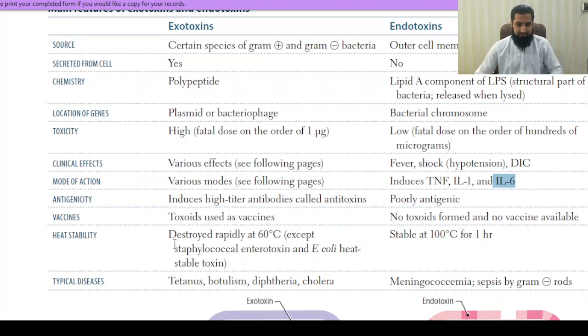Heat stability: exotoxins are destroyed rapidly at 60 degrees centigrade, except Staphylococcus enterotoxin and E. coli heat stable toxin, while endotoxins are stable up to 100 degrees centigrade for 1 hour. Typical diseases caused by exotoxins are tetanus, botulinum, diphtheria, and cholera. In the case of endotoxin, meningitis and sepsis by gram-negative rods occur.